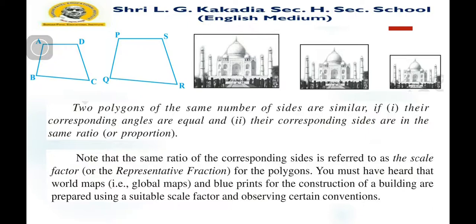Note that the same ratio of the corresponding sides is referred to as a scale factor. Here we have discussed the ratio between two corresponding sides. This ratio is a scale factor or a representative fraction.